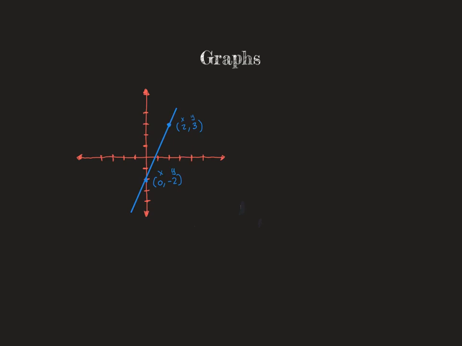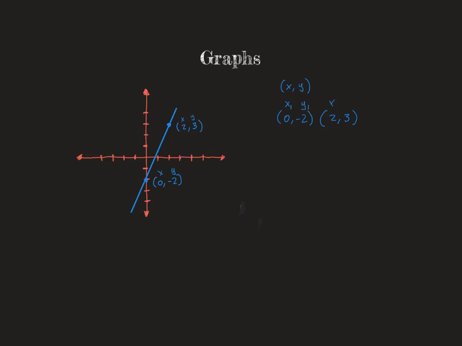So now let's put it into the formula. I'm going to write again the points right here just to make it easier. So we know that the first one is x, the second one is y, and then we have 0, comma, -2, and then we have 2, comma, 3. This is going to be your x1, y1.